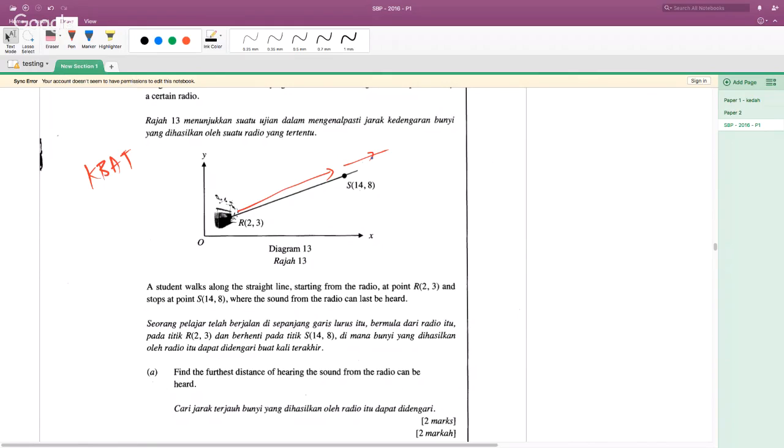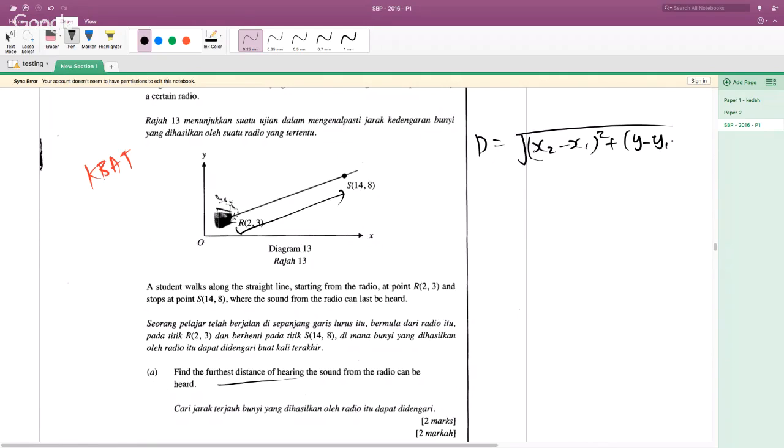All right, so part A is very easy. It asks you to find the furthest distance of hearing the sound from the radio, so they ask you to find what this distance is. I just use the distance formula: square root of x2 minus x1 squared plus y2 minus y1 squared.